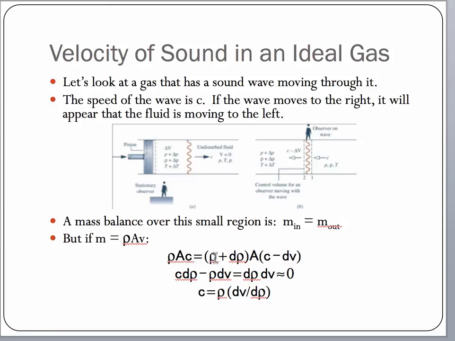And if you go through and multiply this out, rho A C, rho A dV, A C d rho, A d rho dV. The rho A C terms are going to cancel. I'm left with these terms here. But compared to these, I have a number that has a reasonable size times a teeny number, minus a number with a reasonable size times a teeny number here, because this is a teeny little wave.